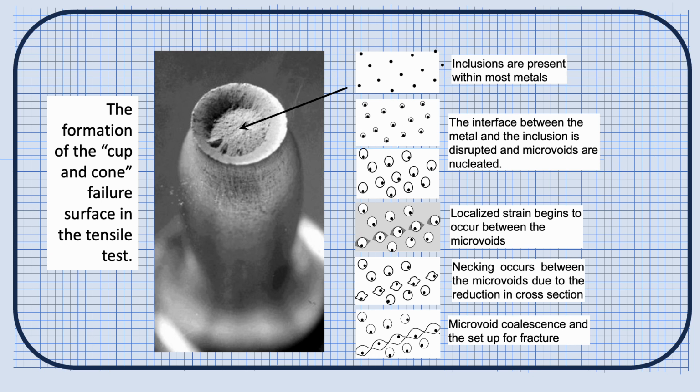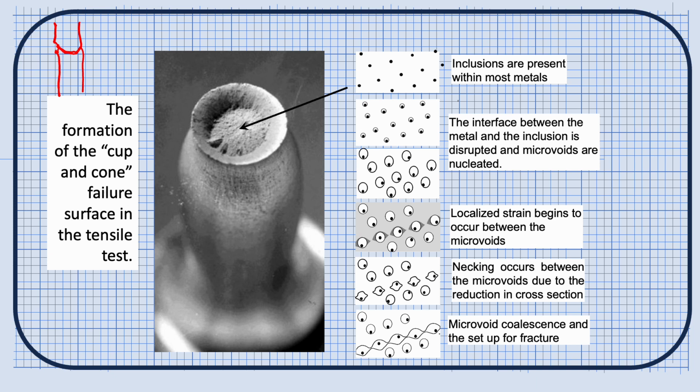So what I'm looking at here is the cup part of the sample, and the cone part will look like that.